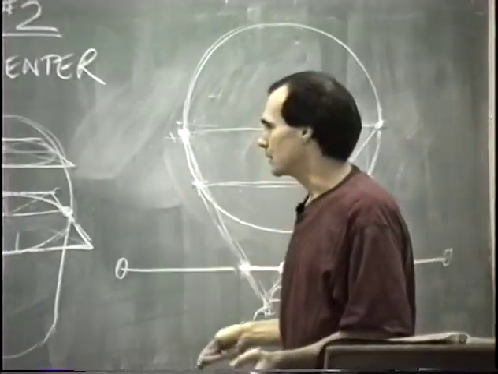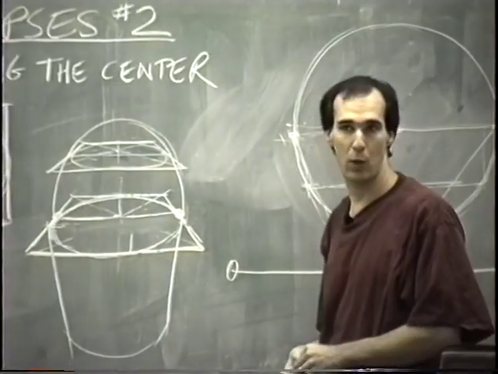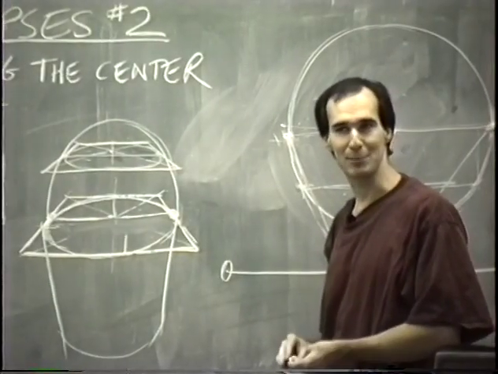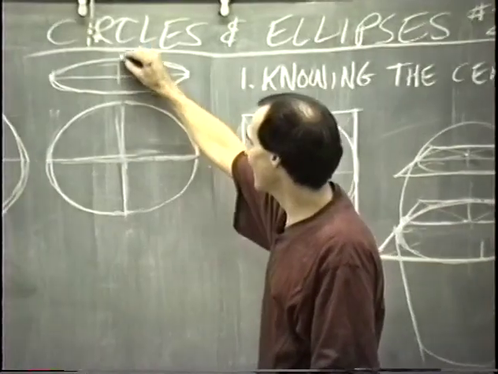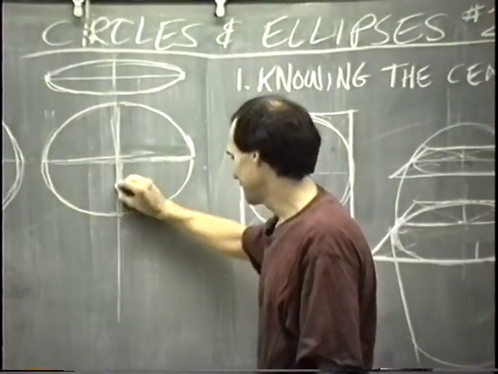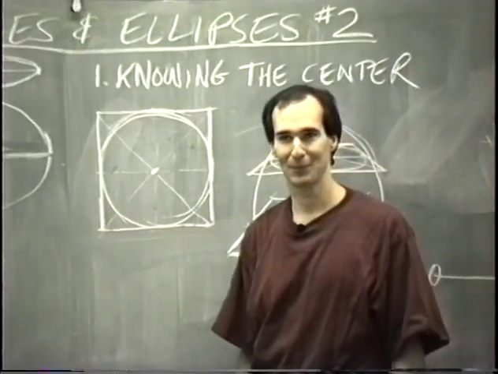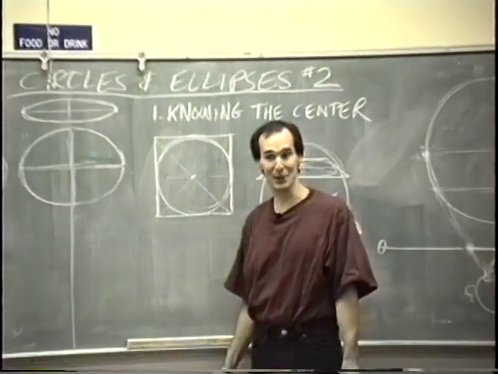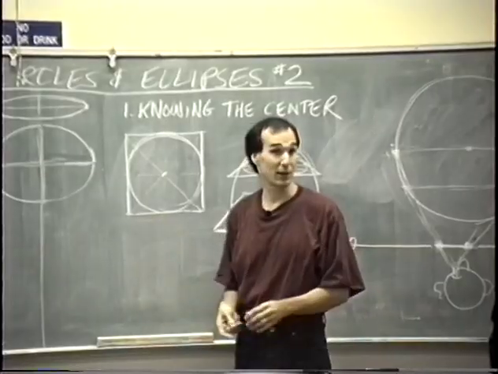Now, all of this business that I've been talking about, phonograph records and buckets and stuff, last week and this week, all of it has been conveniently placed on a nice vertical line, which is great. A lot of stuff, when that cup is sitting down there on a nice vertical line, it's very simple.